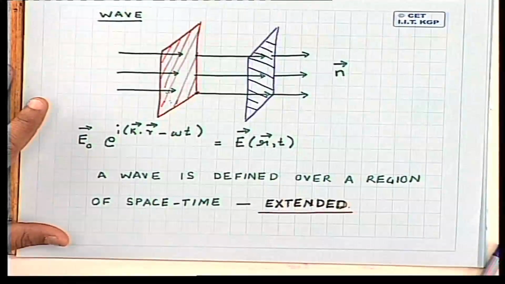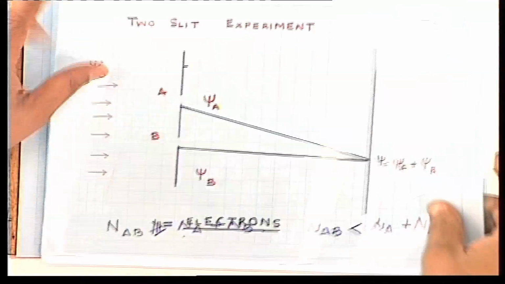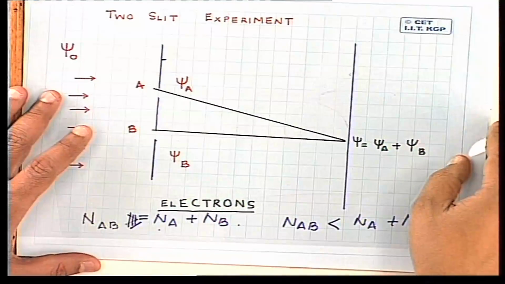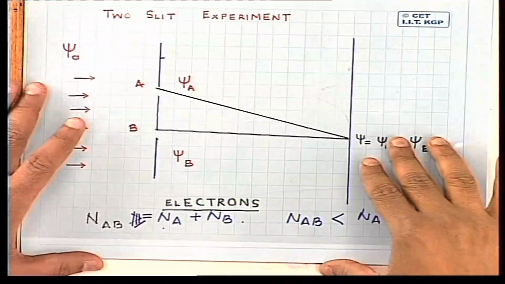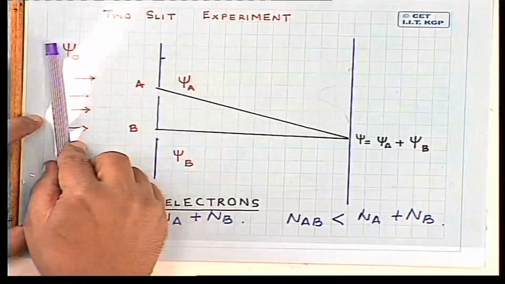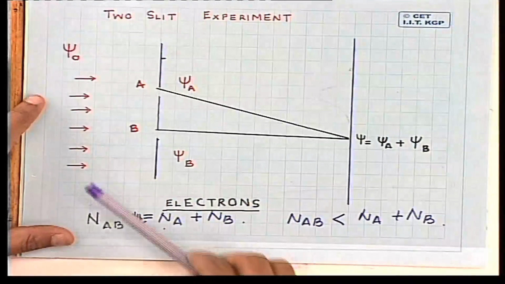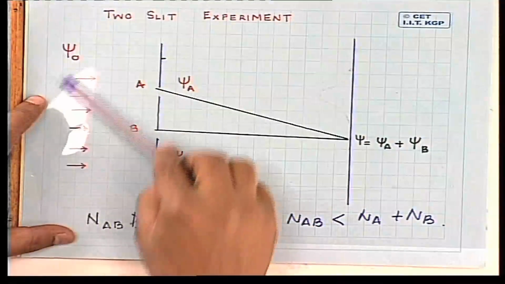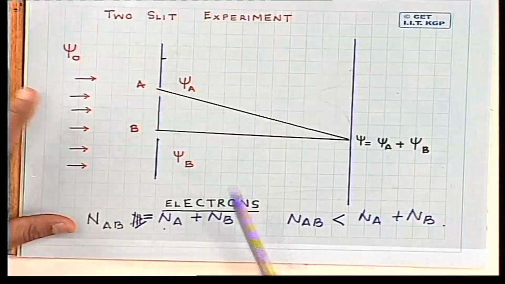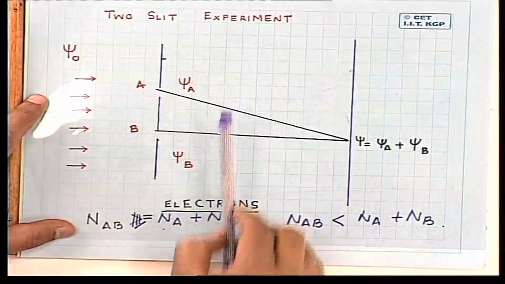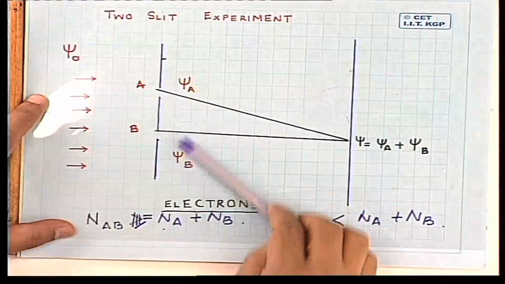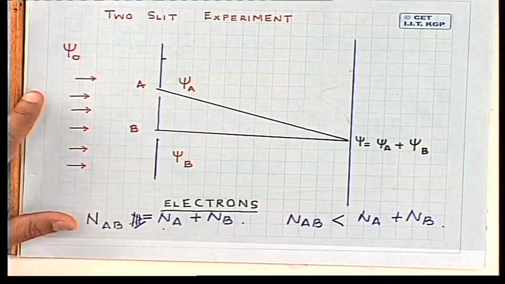So, in the situation which we have been dealing with over here, before the electron is incident on the screen over here, a single electron is distributed over this whole region, and after it passes through this, the single electron is again distributed in these two secondary waves.